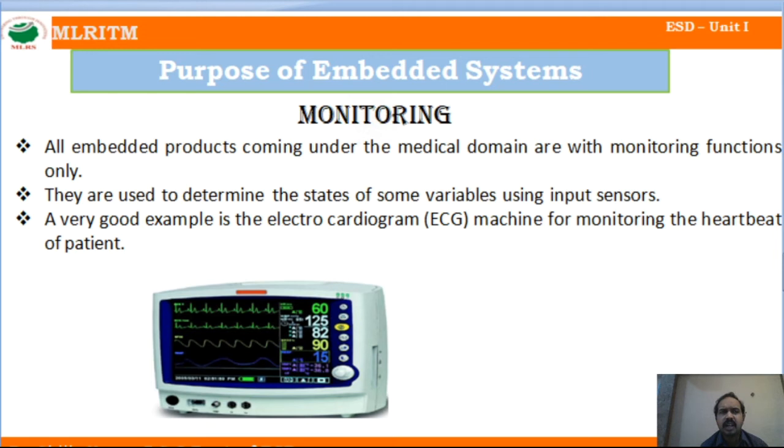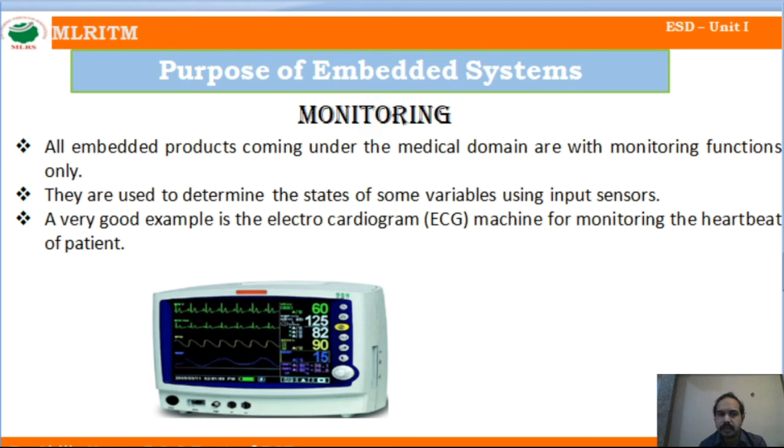Previously some analog ECG machines were there, with some ink, some pen-like structure, and a paper moving that would note this down. Nowadays we have a digital ECG machine. It will record everything and track it.